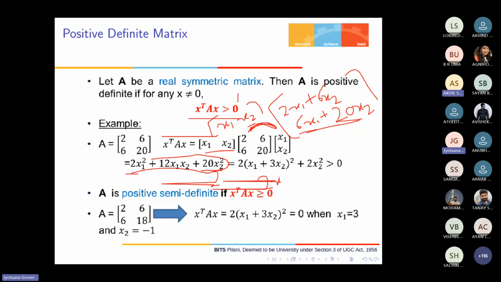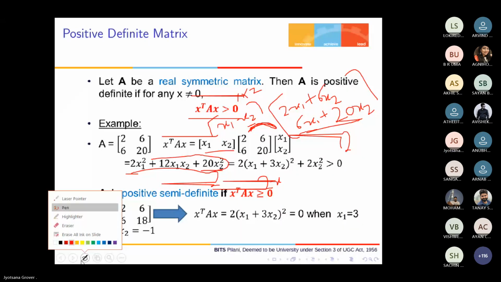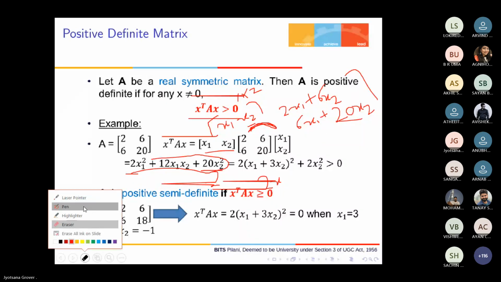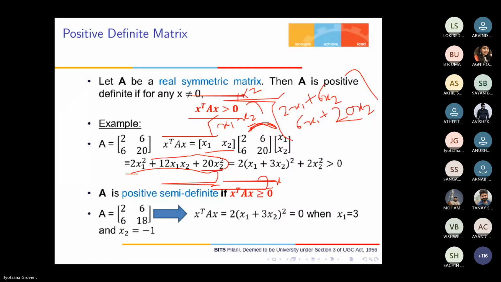This is x1, x2, so this is 1 cross 2 and this is 2 cross 1.